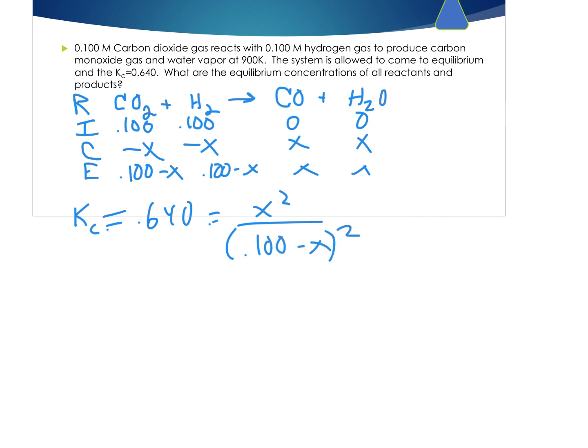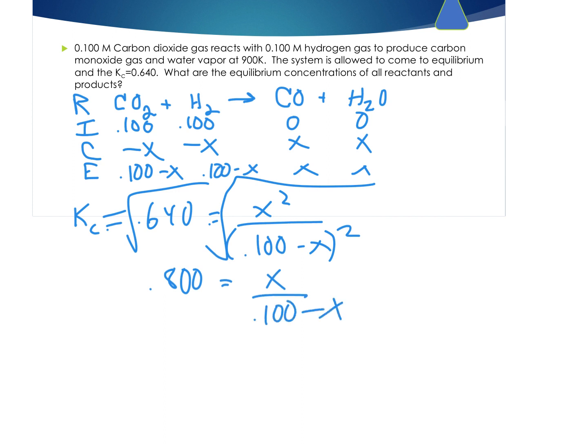Now at this point, I could go through a whole bunch of crazy math to solve this for x the normal way. But if you notice that we've got squares on both the top and the bottom, we can undo the squares using a square root. So if I do that, I get 0.800 equals x over 0.100 minus x. Solving for x, I get 0.08 minus 0.8x equals x.